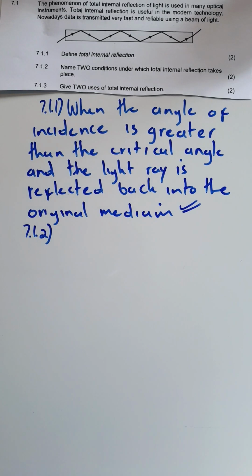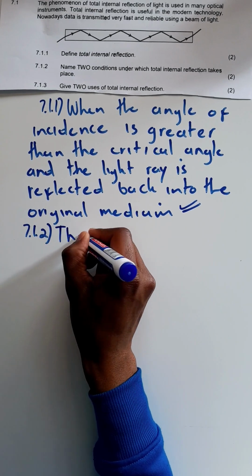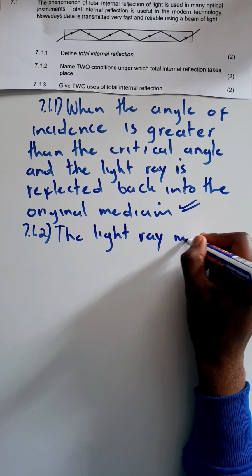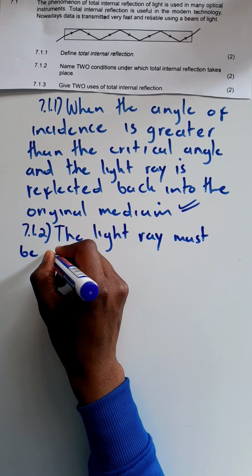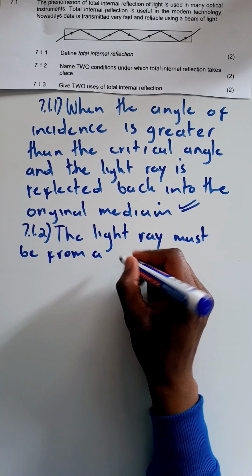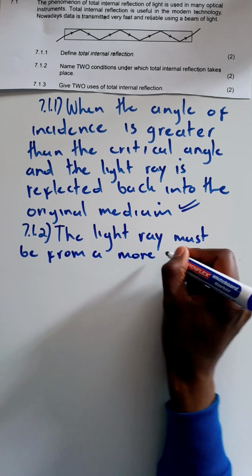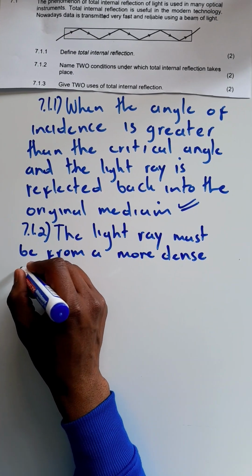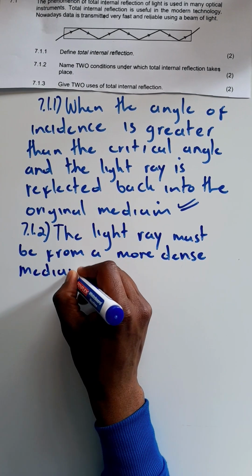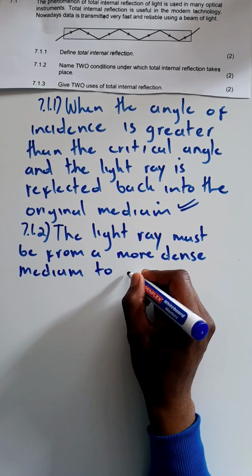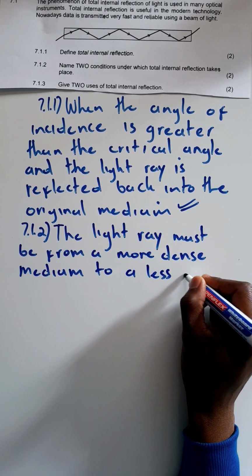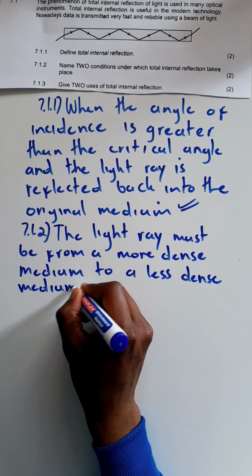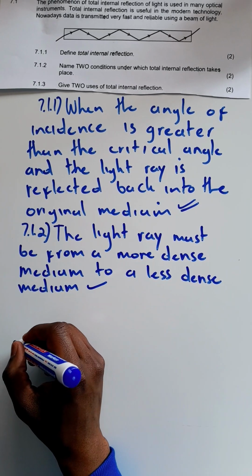The two conditions for total internal reflection are that the light ray, number one, must be coming from a more dense medium and be going to a less dense medium.